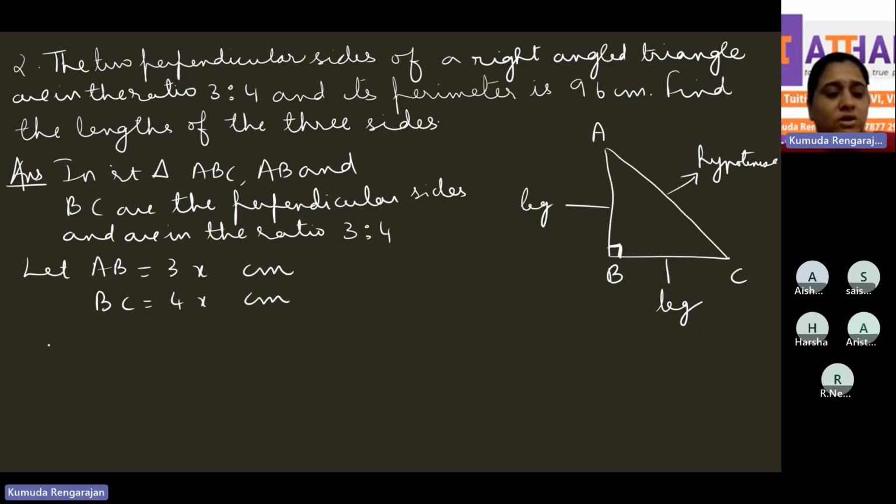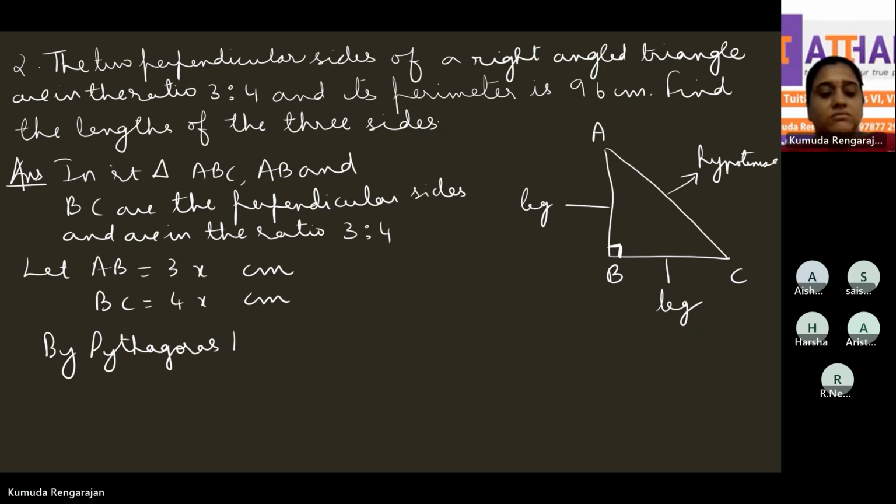So by Pythagoras theorem, tell me the result. Correct. The square on the hypotenuse is equal to base square plus height square.